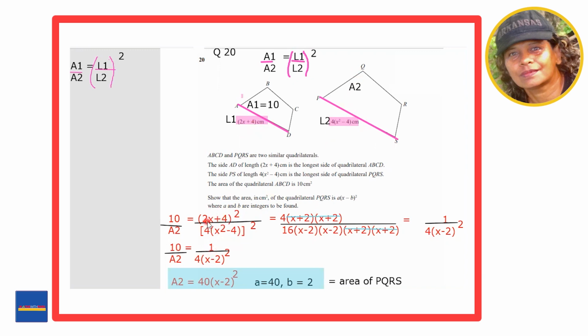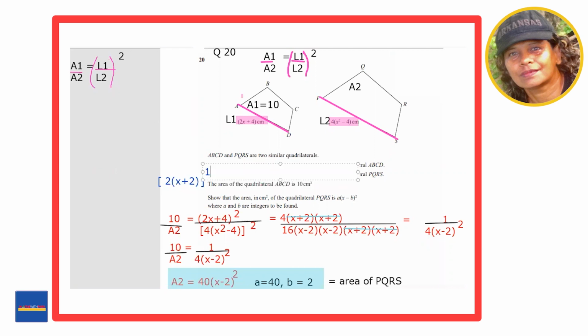So I'm going to expand what I have on top. Remember that I can factorize 2x plus 4, and I can write this as 2 into x plus 2. And remember that I'm squaring everything. So this whole expression I can factorize like that and square it.